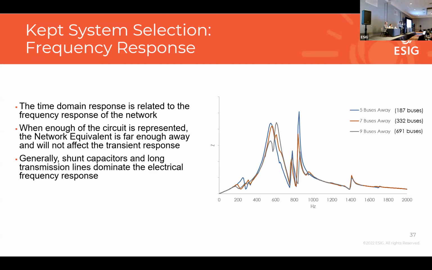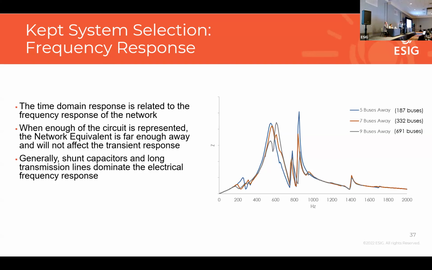And sorry, I didn't really finish this thought, but the idea is that you could keep incrementally increasing the size of your system until you see very minimal difference in the frequency response of your network. And at that point, you could say, oh, I'm basically happy with how it's looking, and we'll keep it that way, right? You won't always get to that point where you're happy with it necessarily.